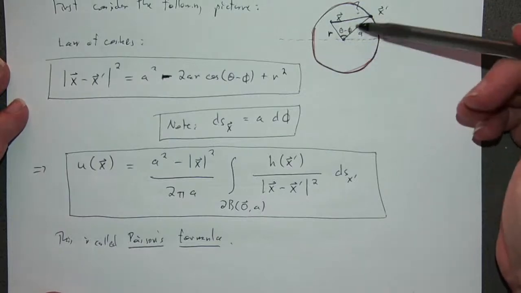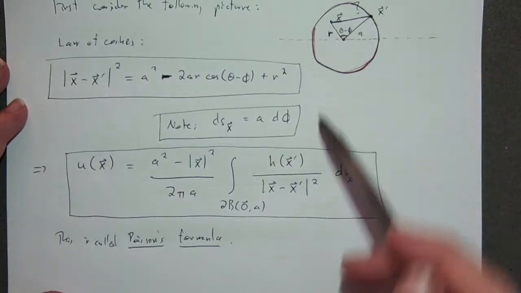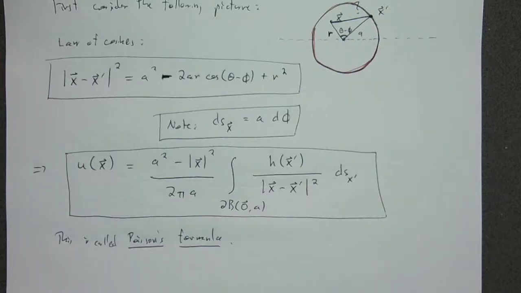And remember, one of the key things that these harmonic functions satisfy is the mean value property, which is that they are equal in some sense to an average, a mean value over the region in question. So they satisfy that property, and that is directly apparent from Poisson's formula.